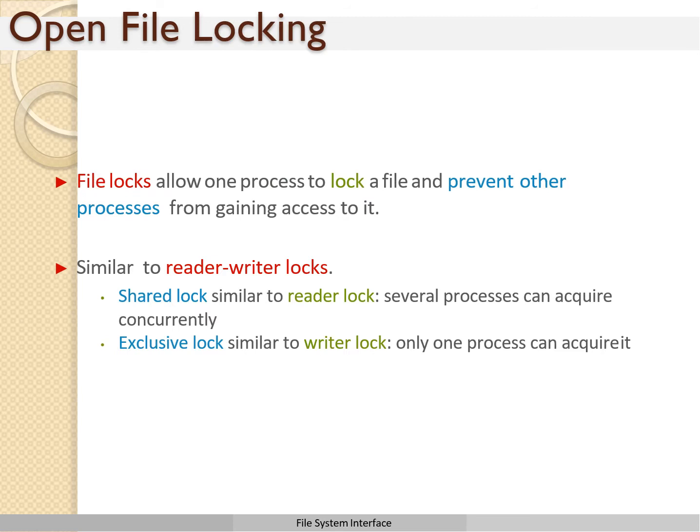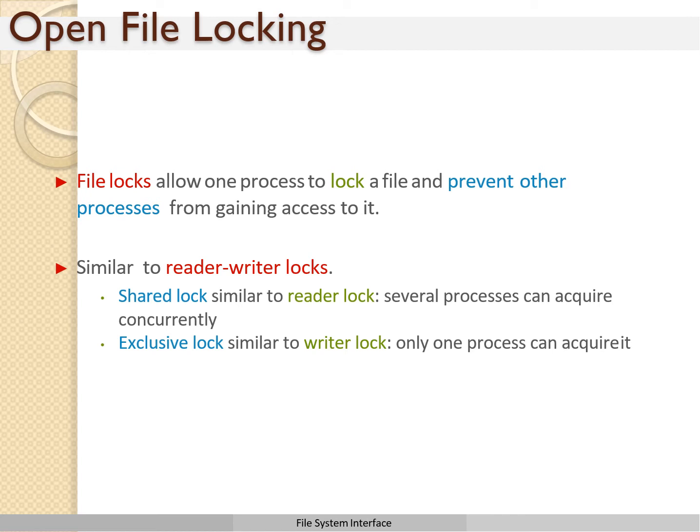File locking is a mechanism that restricts access to a computer file or to a region of a file by allowing only one user or process to modify or delete it at a specific time, and to prevent reading of a file while it is being modified or deleted. Similar to read-write locks, we have the shared lock and the exclusive lock.